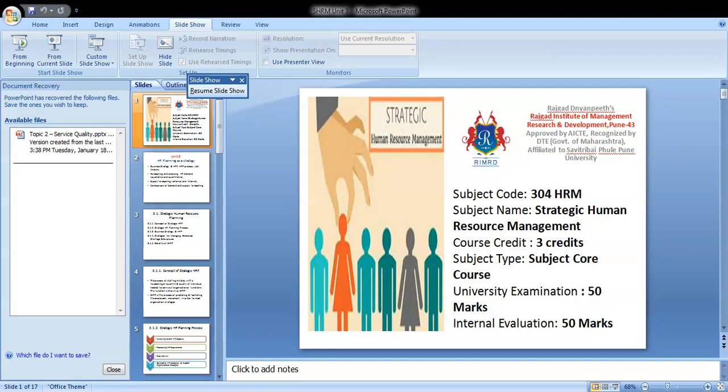So in demand forecasting, HR demand forecasting is a procedure of defining the expected manpower requirements in terms of a specified quantity and quality within the organization.